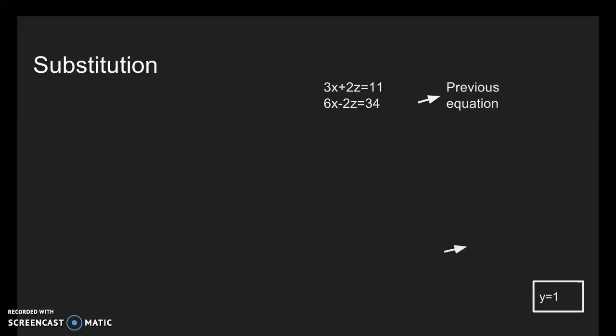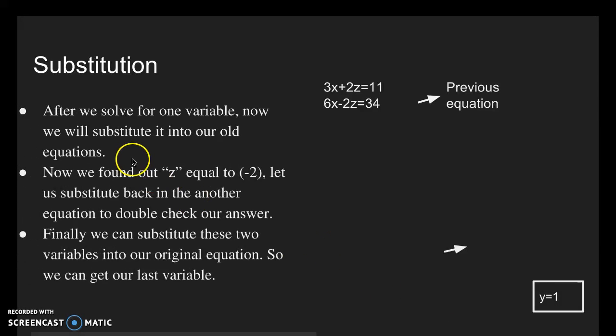Now let's do the substitution. After we solve for one variable, we'll substitute it into one of the two new equations we just created on the previous slide. Alright, now let's plug it in. I will use 3x plus 2z equals 11 right here.